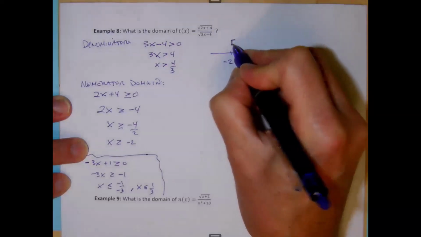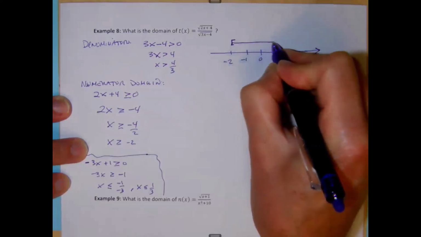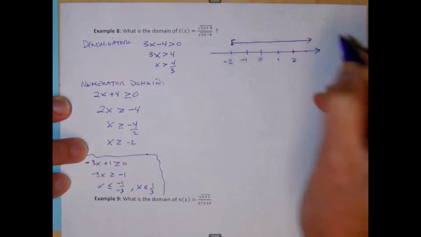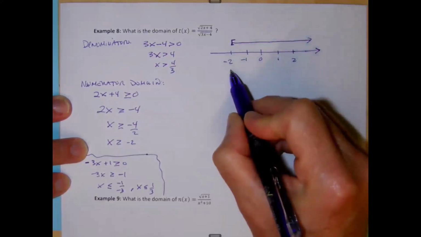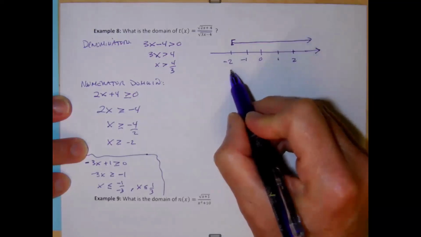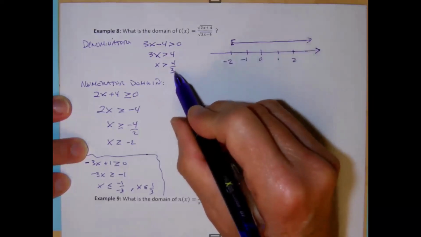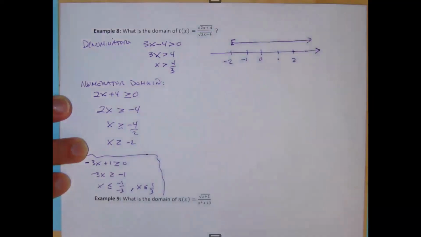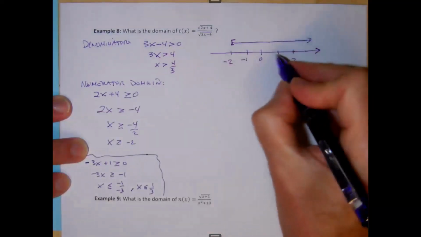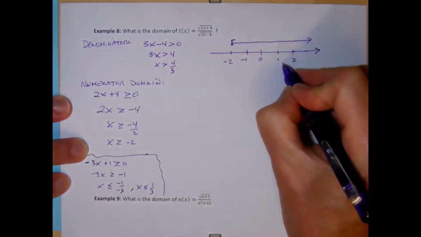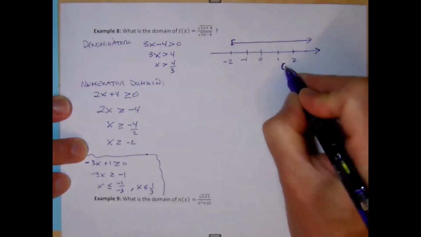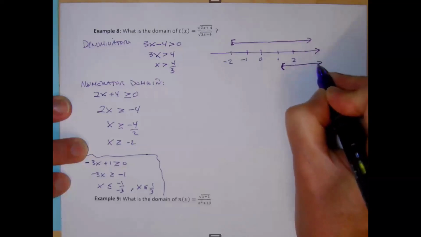So I'm going to hover above it, going in this direction. What about the denominator? The denominator says I have to be greater than 4/3, which looks like it's 1 1/3. So the thirds are about right here. I must be greater than it. I cannot be equal to it. And I must go in this direction.